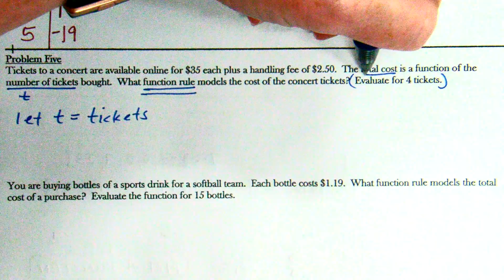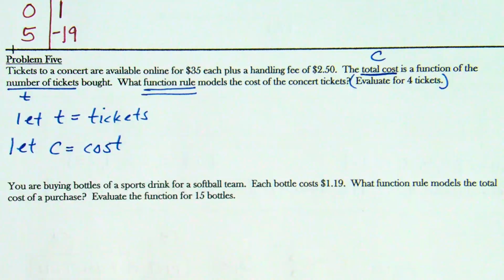So I'm going to use C. C is the total cost. Now, in all honesty, could you just use X and Y? You can. So think about an equation here. This goes back to the first sentence now. Tickets to a concert are available online, $35 each, plus a handling fee of $2.50. How do I do that?